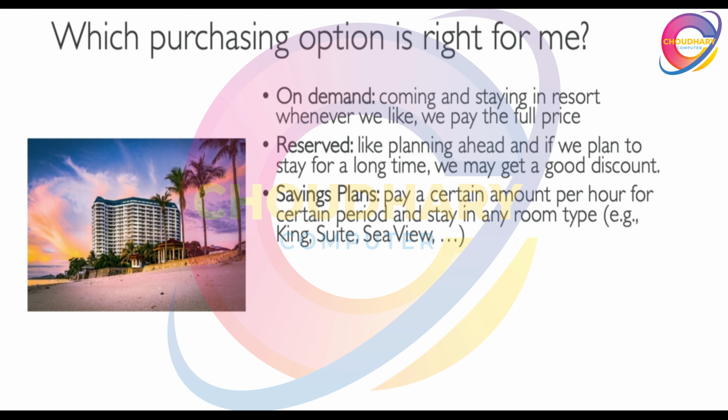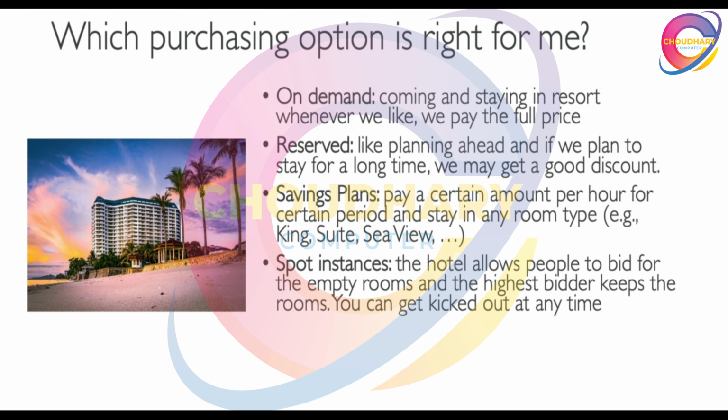Savings plan is saying, hey, I know for sure that in my resort, I'm going to spend a specific amount. So I'm going to spend maybe $300 per month every month for the next 12 months. And therefore, you may want to change the room type over time. So king, suite, sea view, and so on. But the savings plan is saying, you're going to commit to a specific spending in your hotel.